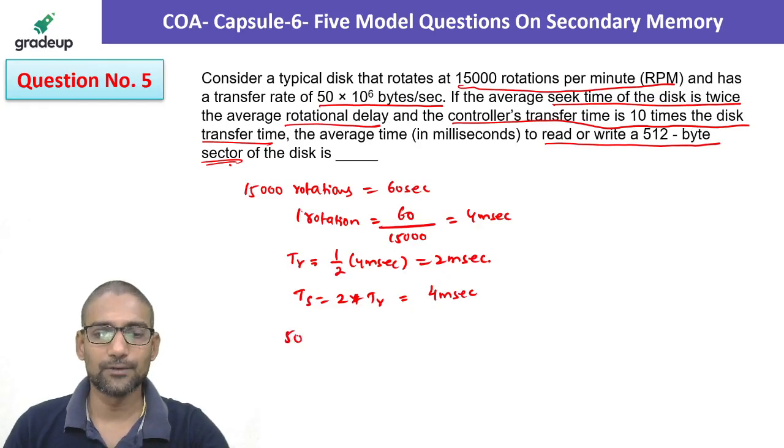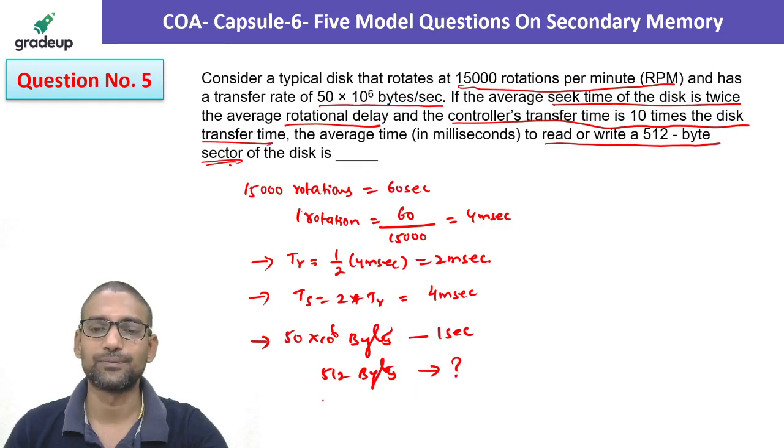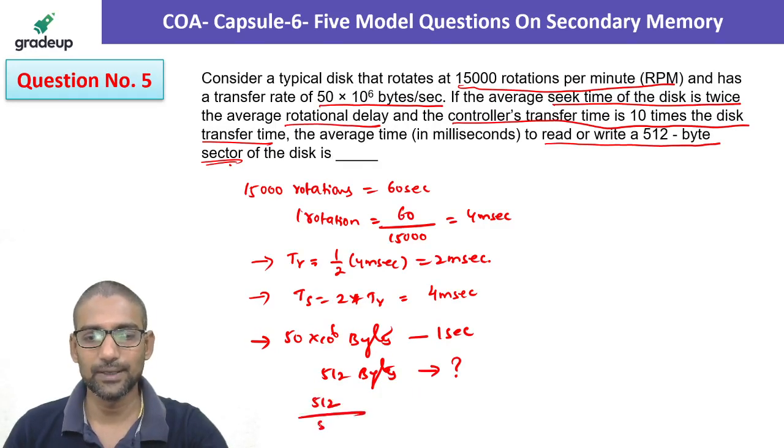It's given 50 into 10 power 6 bytes can be transferred in 1 second. How much do we have to transfer now? 512 bytes to transfer, how much time? That is 512 by 50 into 10 power 6.